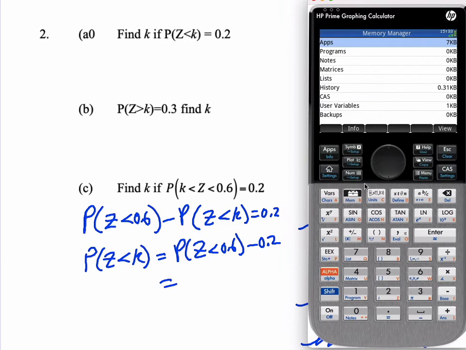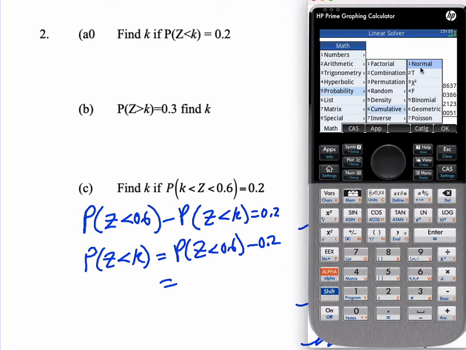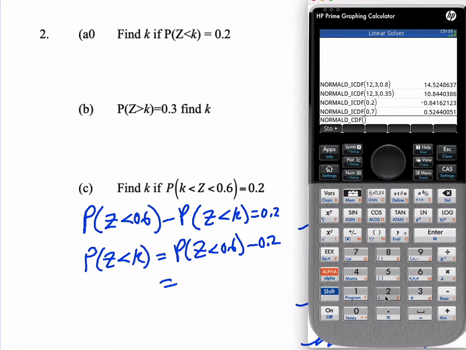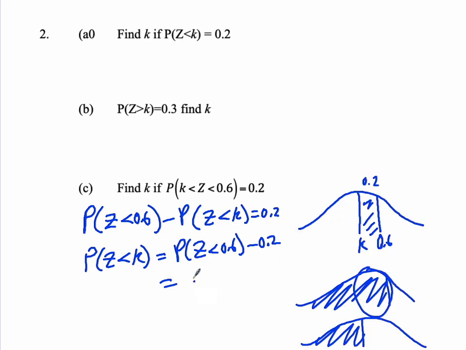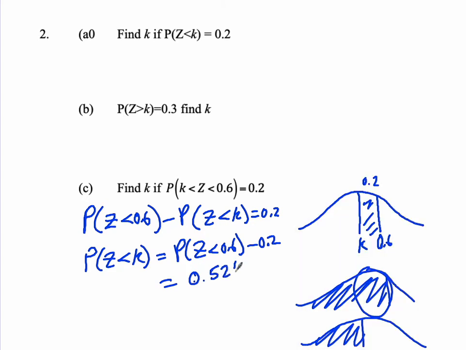Let's go to toolbox, probability. This is not an inverse, this is a regular cumulative probability, so cumulative normal, and we just need to type in 0.6. That gives us that number. Let's subtract 0.2, and we get 0.526.